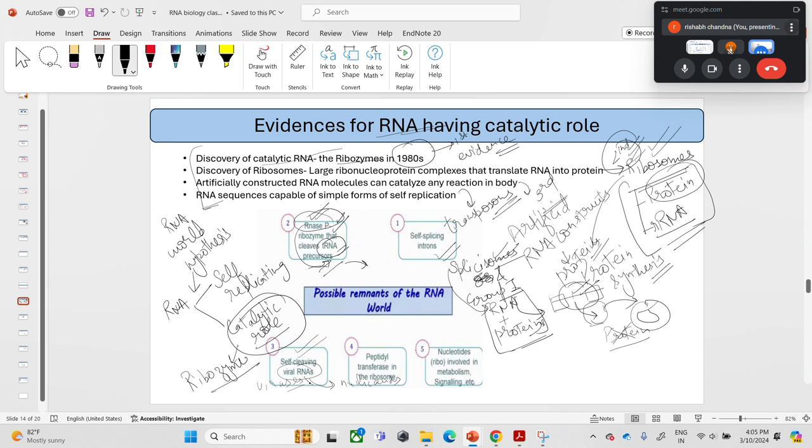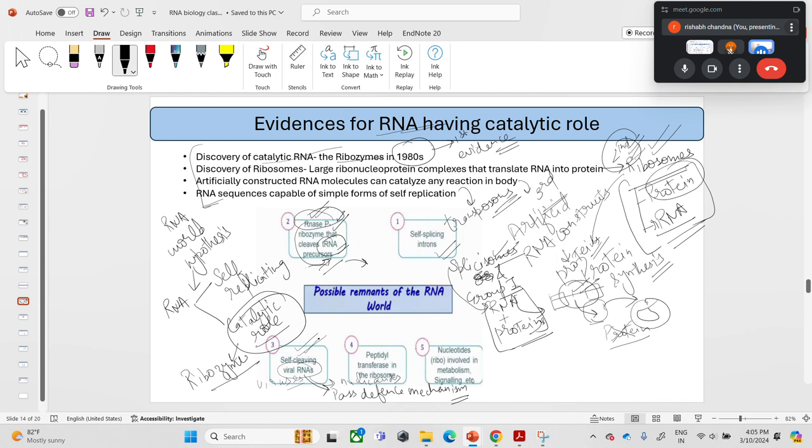Thus, they bypass the defense mechanism of the body using these particular self-cleaving viral RNAs.